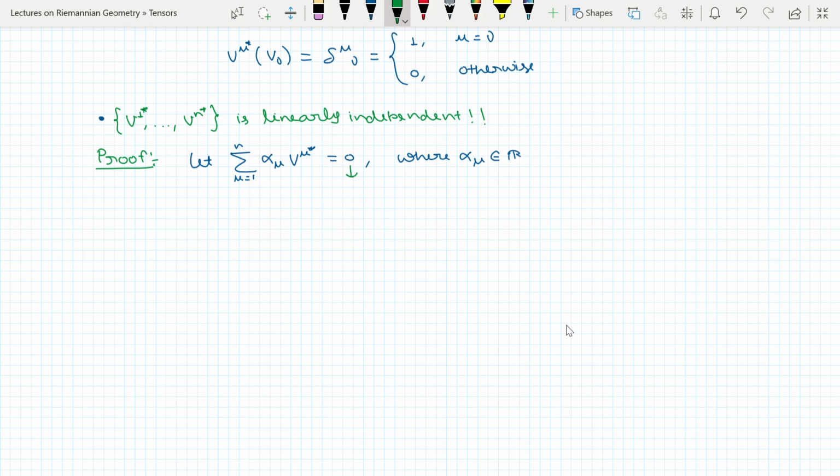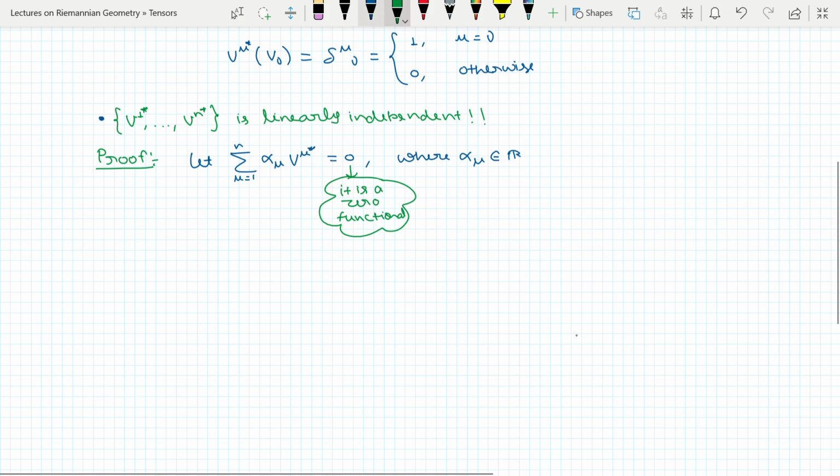So this thing is a 0 functional. Please don't get confused with the wordings. Okay, functional, covector, dual vector, one and the same thing.